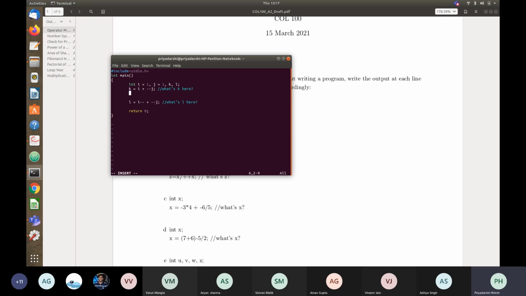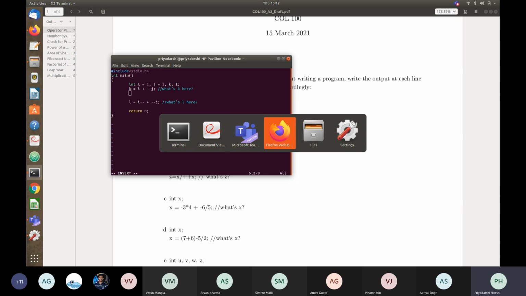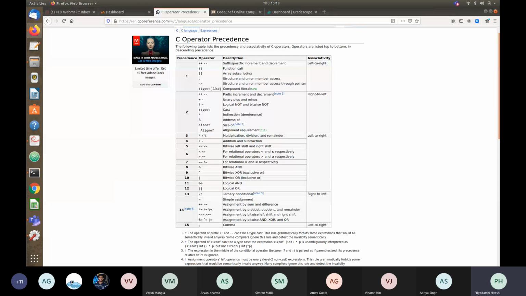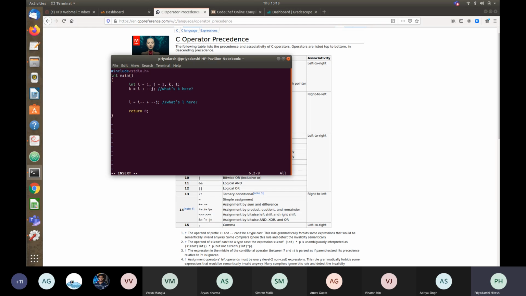From the operator precedence here, you can see that the decrement operator has more precedence than add, multiply, subtract, divide, and modulo. So basically, first this decrement operator will be executed in the compiler, and then i will be added to the decremented value since it is --j.